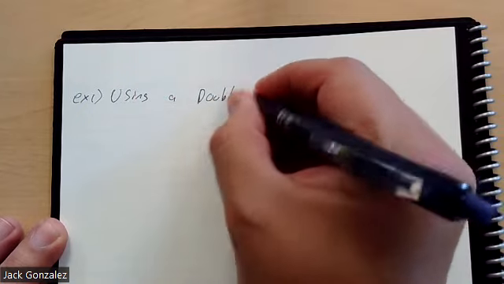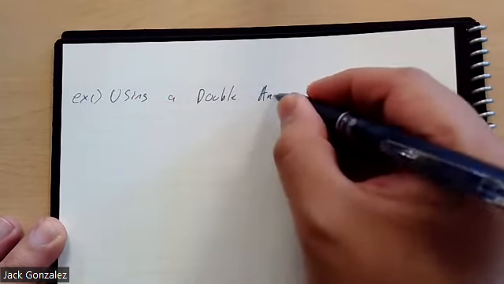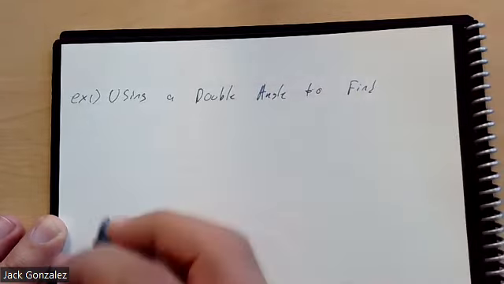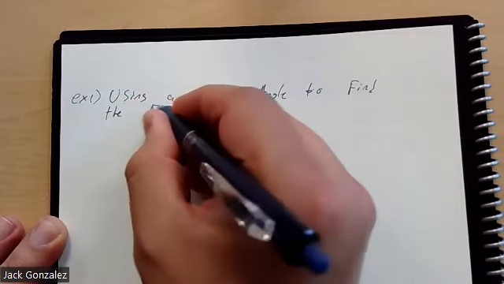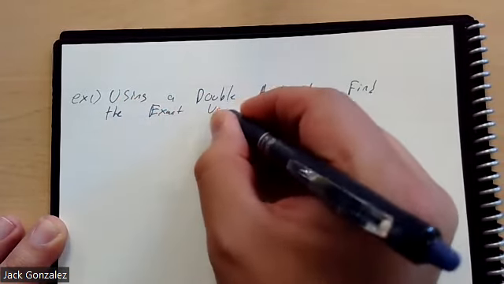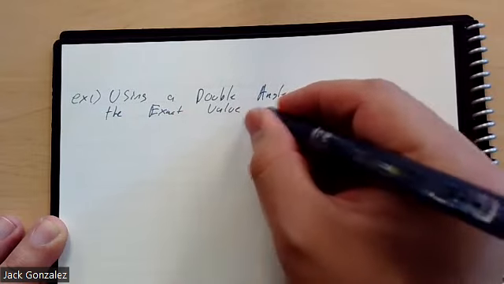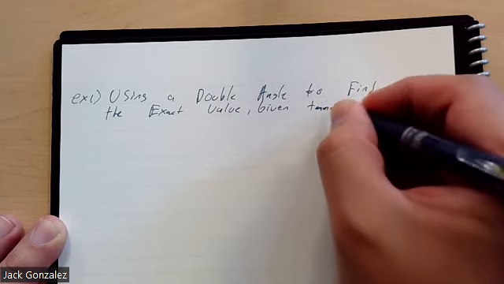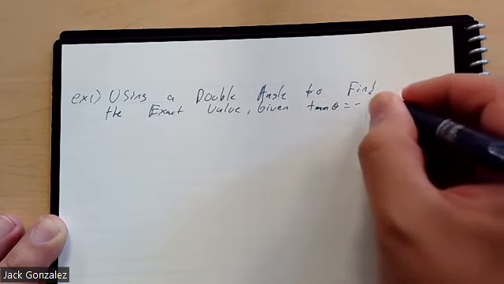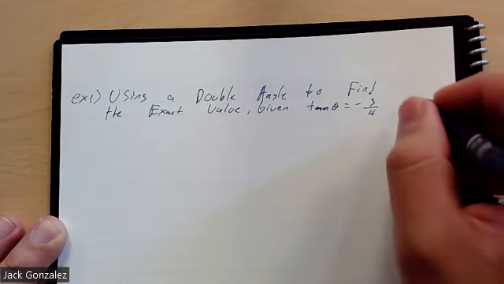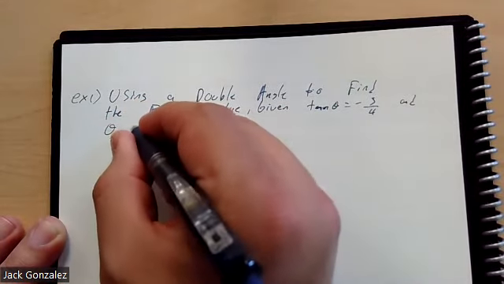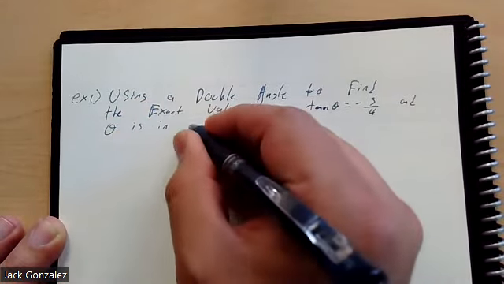They're using a double angle to find the exact value, given that tangent of theta is negative 3 over 4, and they're actually going to tell you that theta is in quadrant 2.